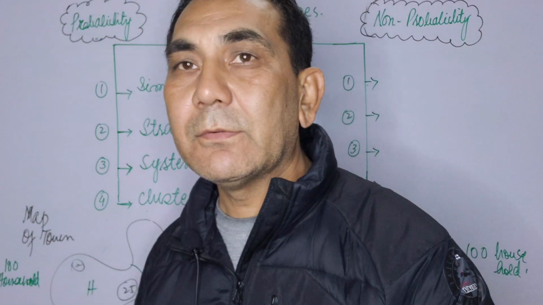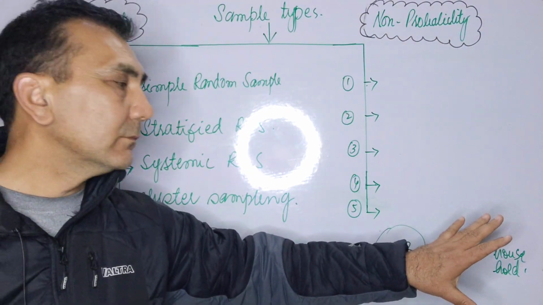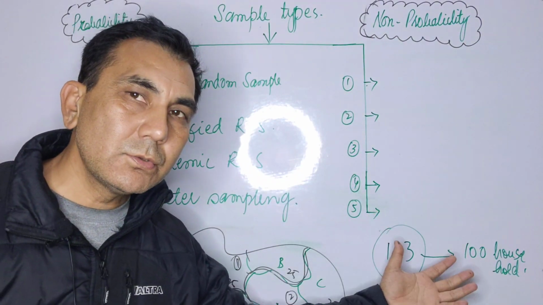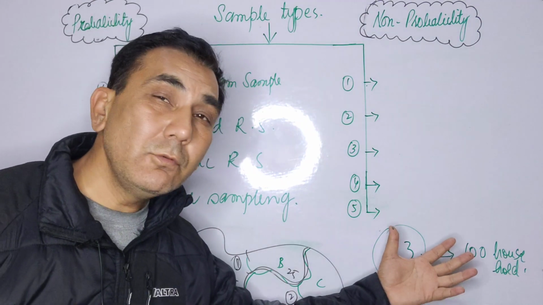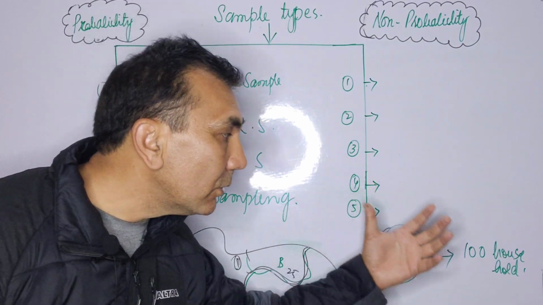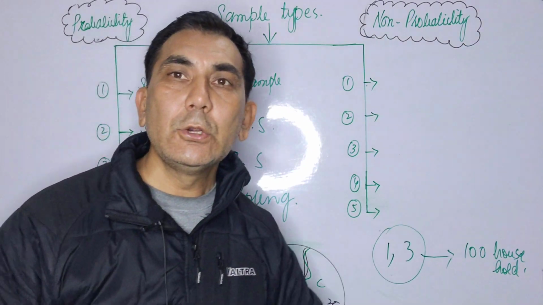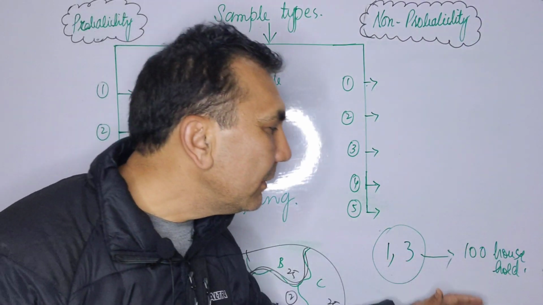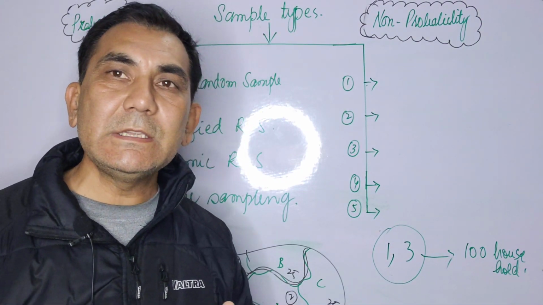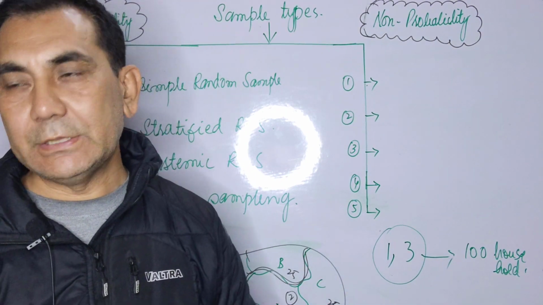Now the second stage: if 500 people are living in these 100 households and you want to collect information from 250 people, you randomly select 250 people from whom you will collect the information. So it is called multi-stage or two-stage sampling technique.